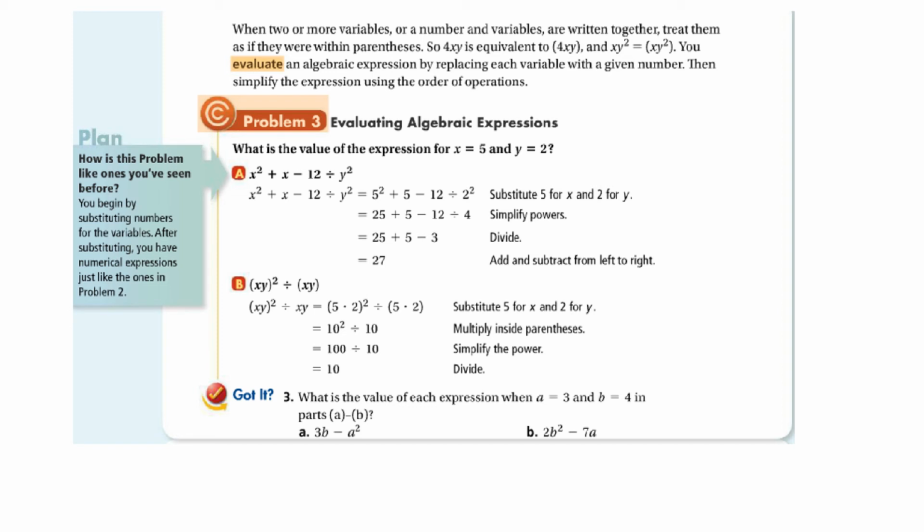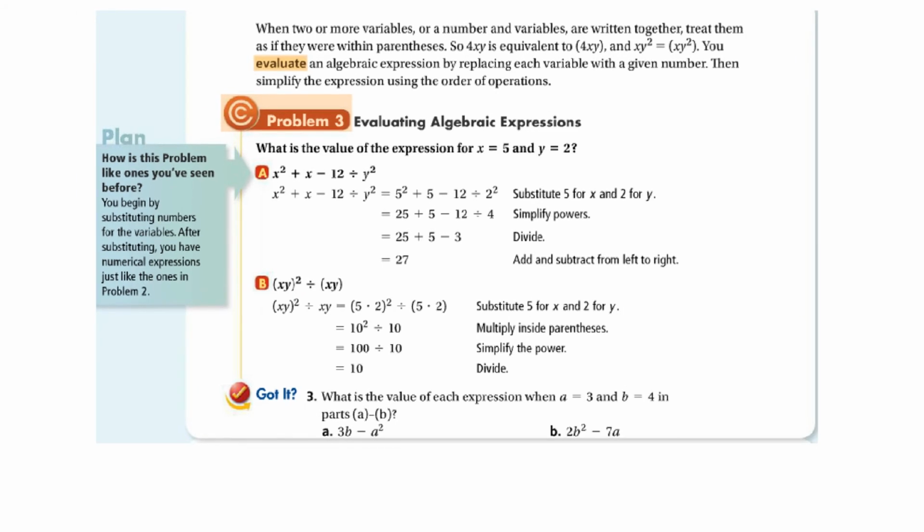When 2 or more variables or a number and variables are written together, you treat them as if they were in parentheses. So if you had 4xy, it's going to be equivalent to writing it like this. And the same with the xy squared.